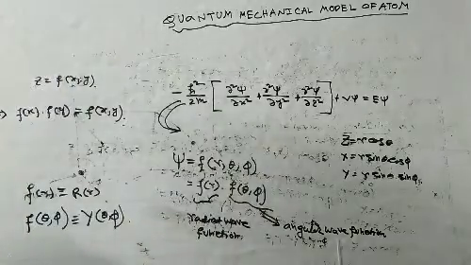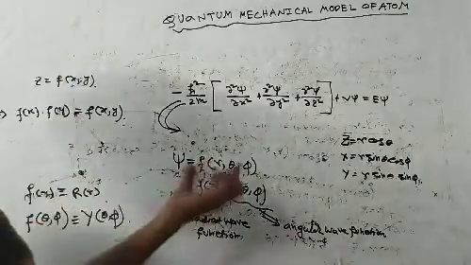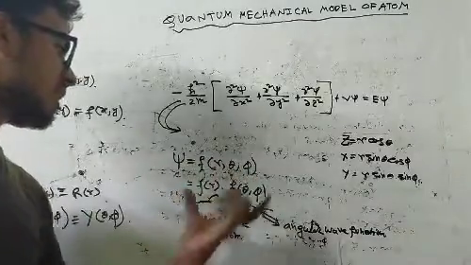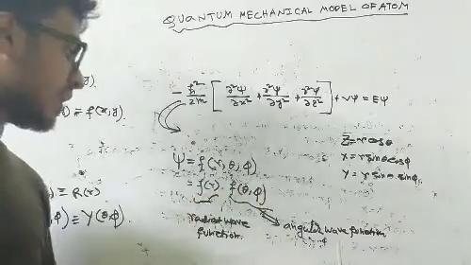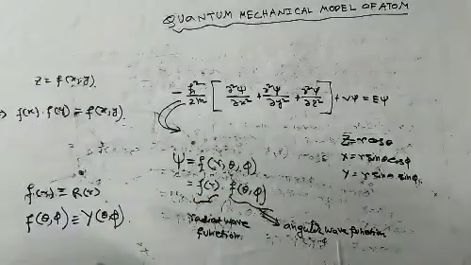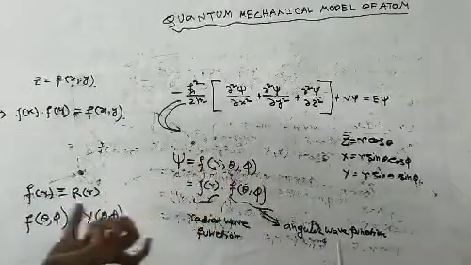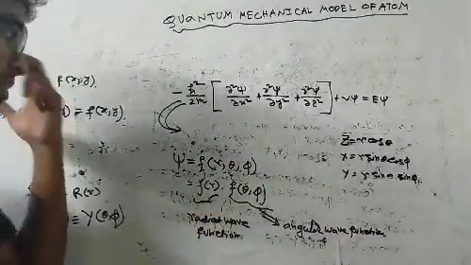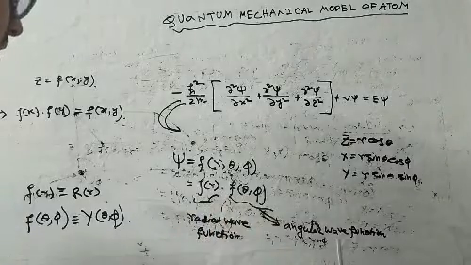Now doing the separation of variables. This is the function of r, theta, phi, and I am separating the variables and writing f of r into f of theta and phi.